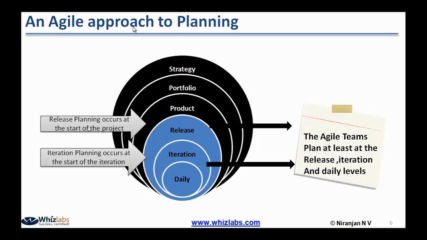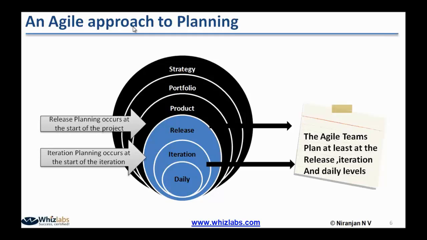So normally the release planning is done in the beginning of the project. That means when the high level scope is defined, the team will get a high level scope in the form of a charter or a vision statement, things like that.